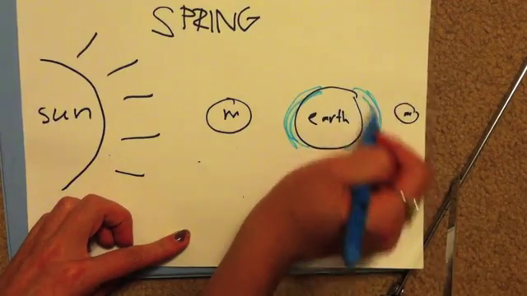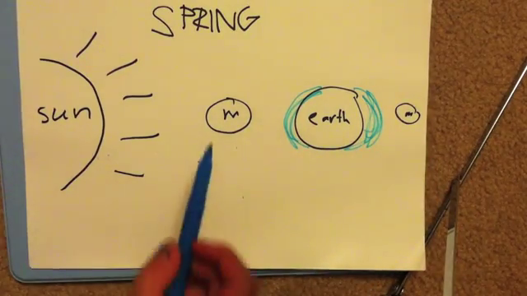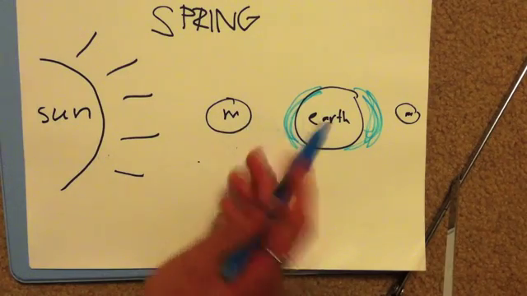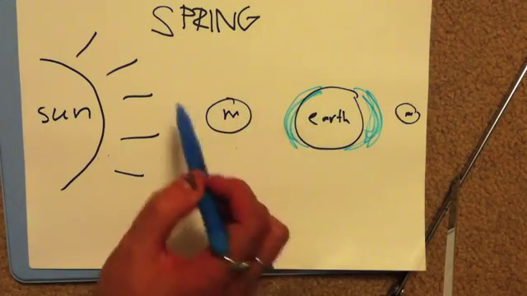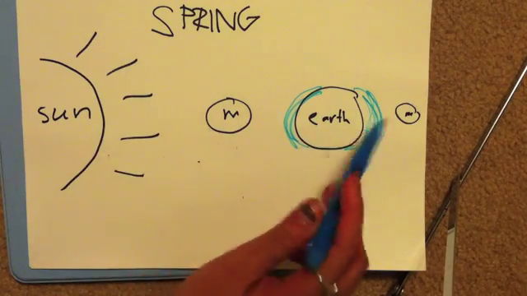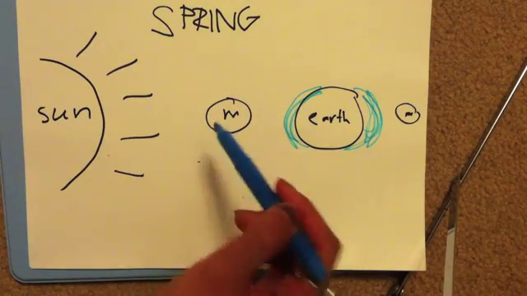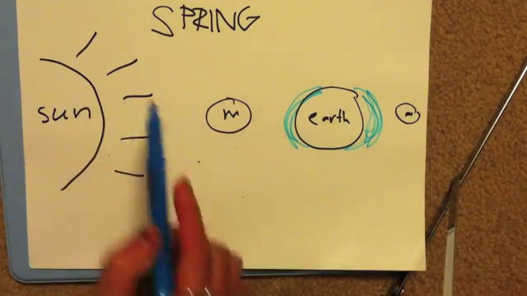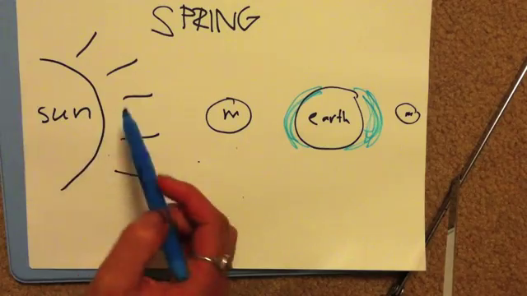Why is that? Well, as we explained earlier, the moon's gravitational pull is going to be greatest right here. But because the sun, moon, and Earth are all in line, not only do you have the moon's gravitational pull pulling the tides this way, you also have the sun's gravitational pull.